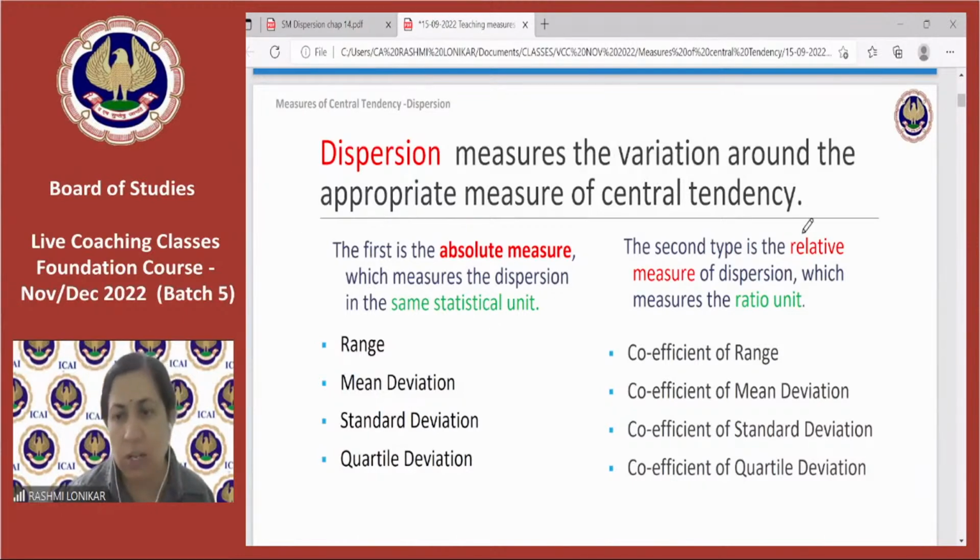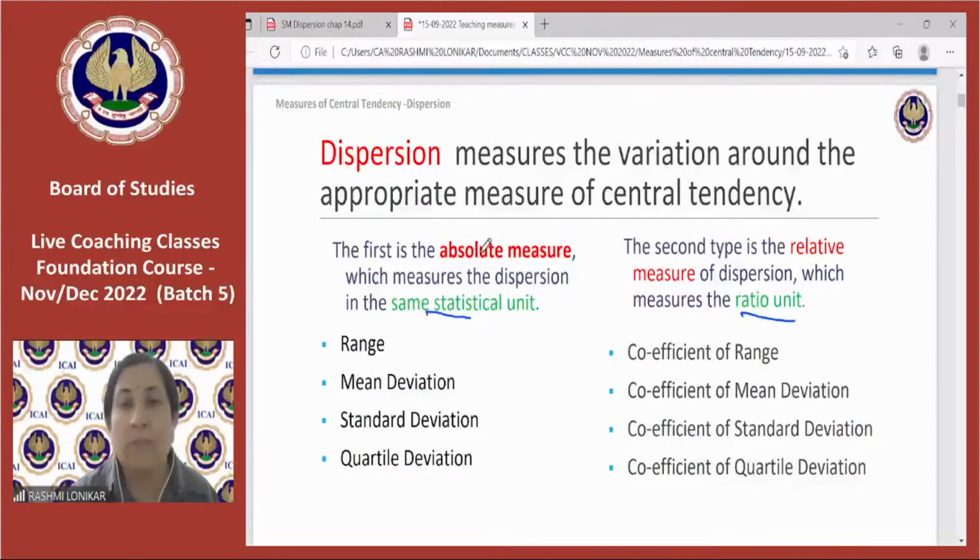The absolute measure gives the dispersion in the same statistical unit, while the relative measure is a ratio. The absolute measures of dispersion are range, mean deviation, standard deviation, and quartile deviation.